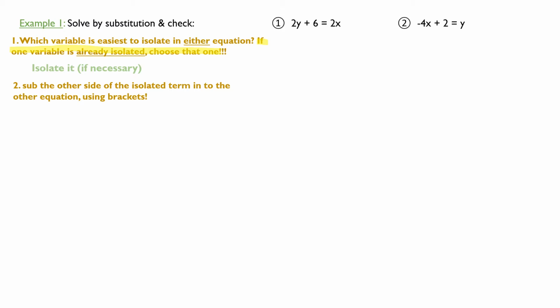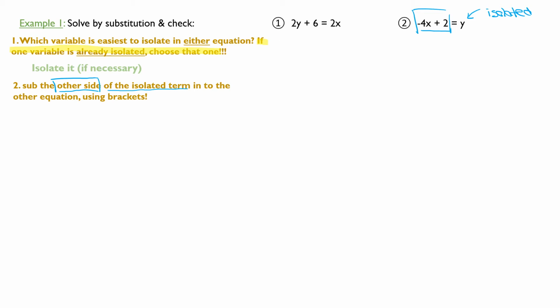The other side in this case is this. So the isolated term is the y, which is already isolated. My next step is to take not the y, but the other side, this part, and sub it into the other equation using brackets.